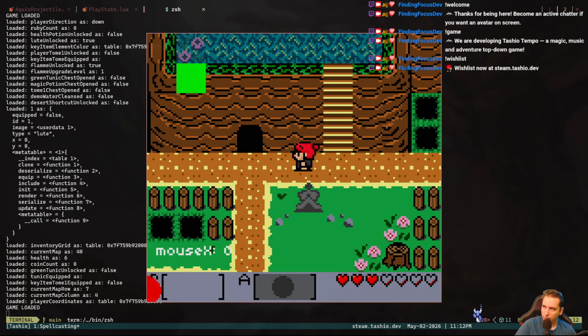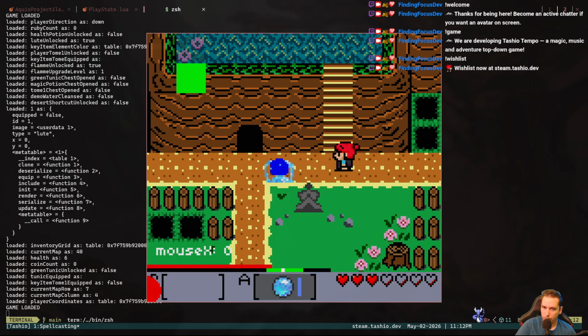So we're working on the collision for our new Spellcast. And right now we've got it shooting out, and we're rendering this blue circle as a love.graphics.circle of the level that we're at, which right now is a level 1 Aqueous Spellcast.